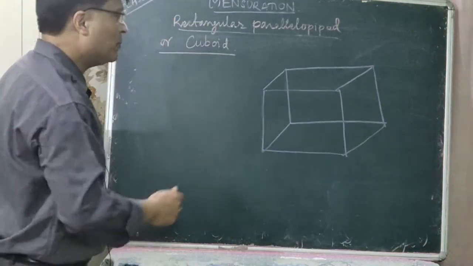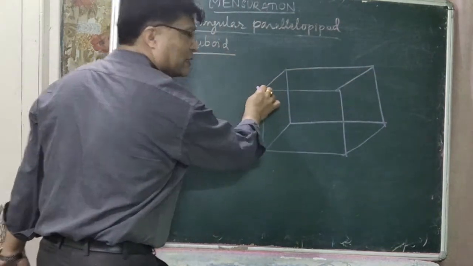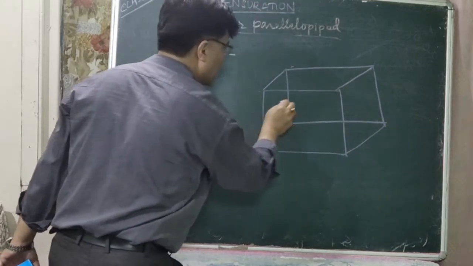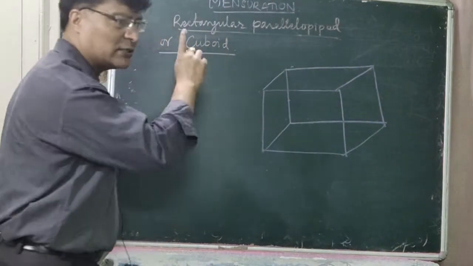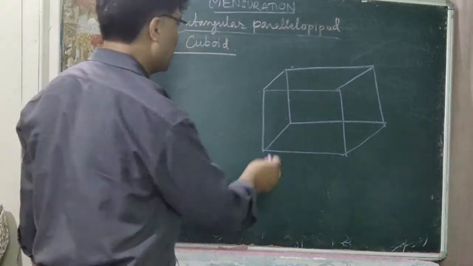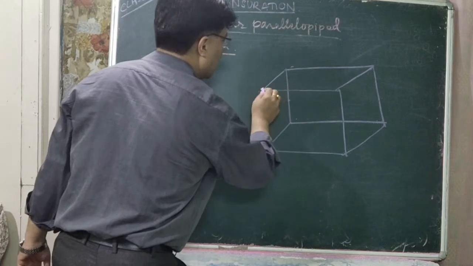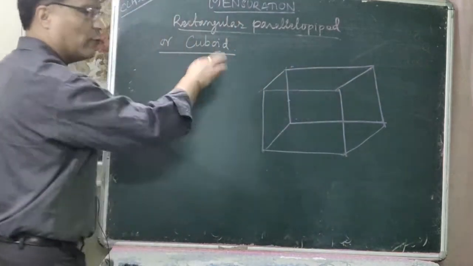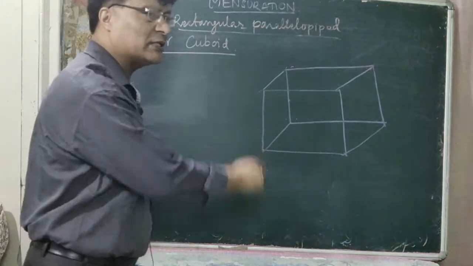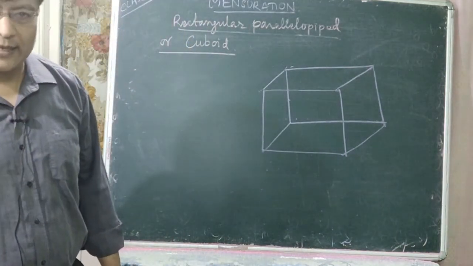Okay, so how many edges are here? Edges means these lines. These are 4. This is also 4. This is also 4 edges. That means total 12 edges. So how many vertices are here? These are the 4 vertices, and up here these are the 4 vertices. 4 plus 4, 8 vertices. Is that clear? And how many surfaces are there? There are 6 surfaces. Is that clear?